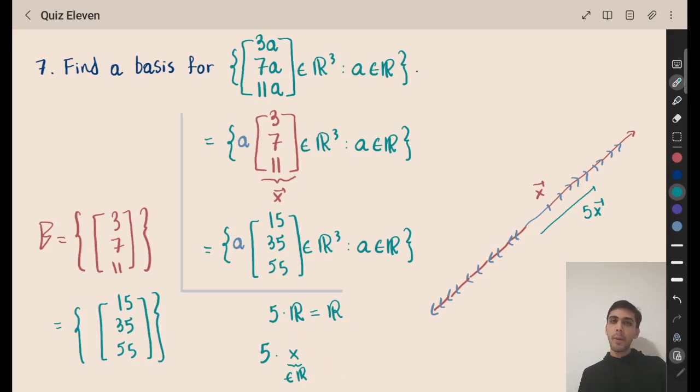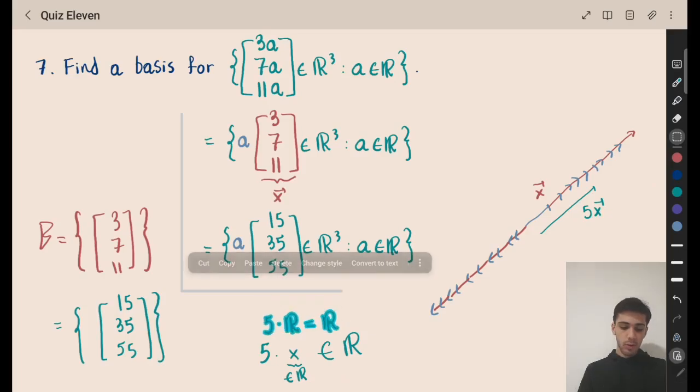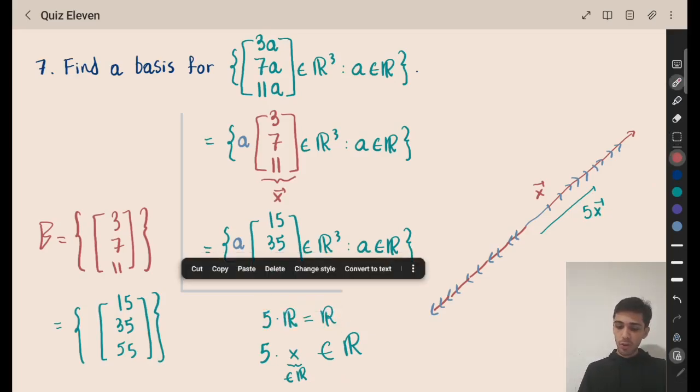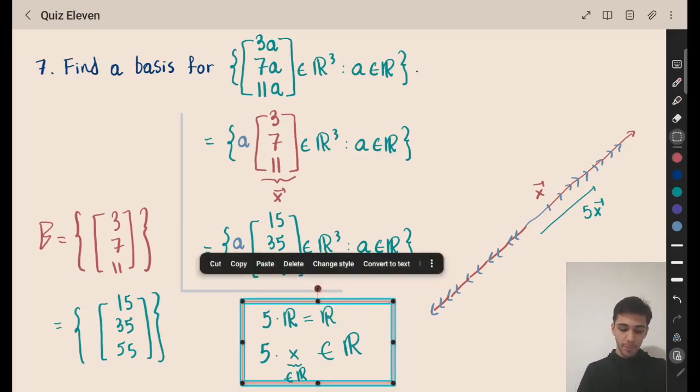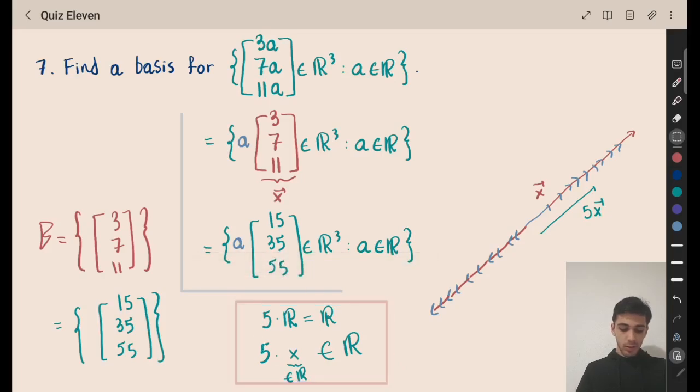Choose a number in R, multiply it by 5. The result will always be in R. This is something I can guarantee to you. You can get me one example in which this fails, I'll be very surprised. So this is kind of the idea behind why this works.